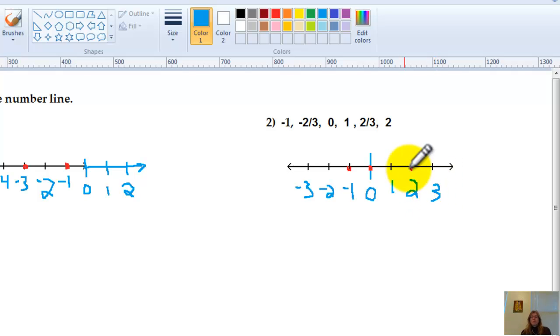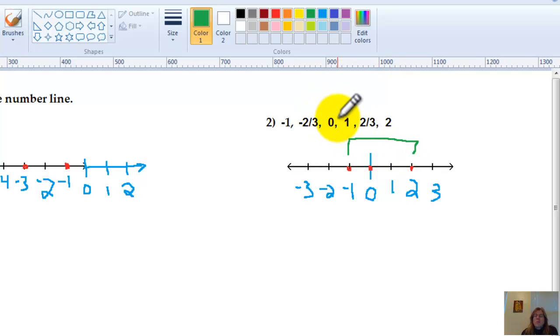Okay, but we're plotting points between -1 and 2, so that's actually between this -1 and that +2 there. So there's points between there.